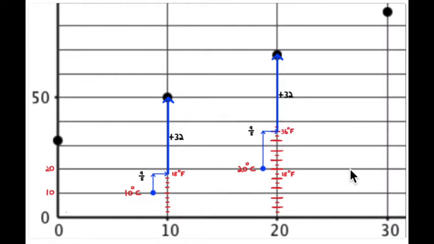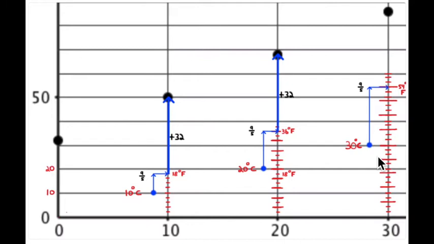And one more. What happens if you're working with 30 degrees? Well, 30 degrees divided by 5 is 6 degrees, and 6 times 9 is going to be 54. But you can look at it as dividing that 30 degrees up into fifths. Well, 30 divided by 5 is 6. So it's going to be 2, 4, 6 degrees. It's 1/5. Now notice it's 3 of the original fifths. 3 of these 1/5 for 10 degrees.